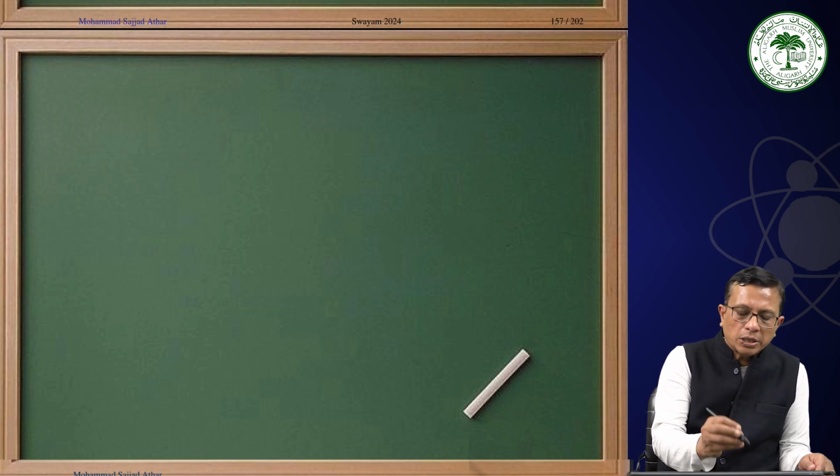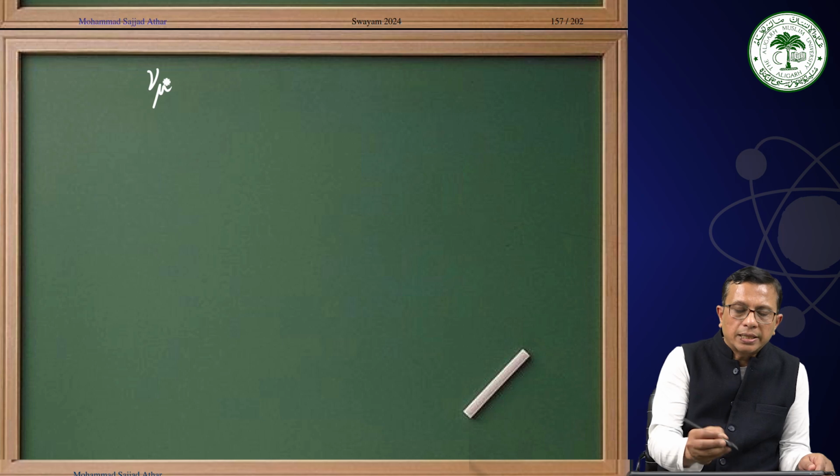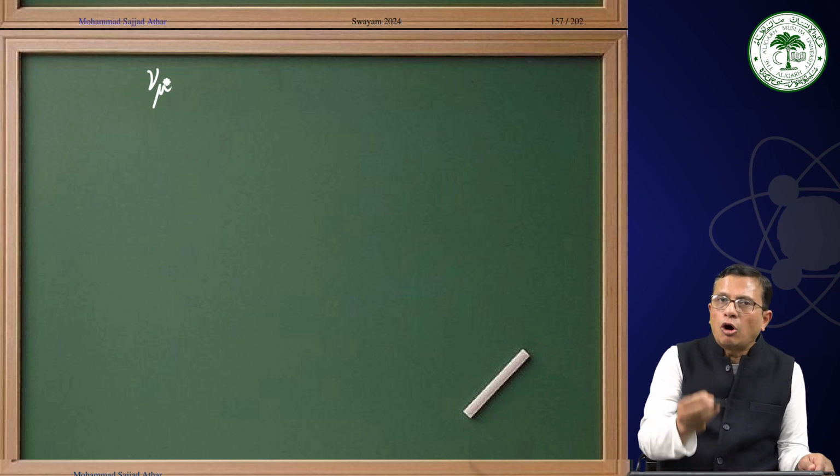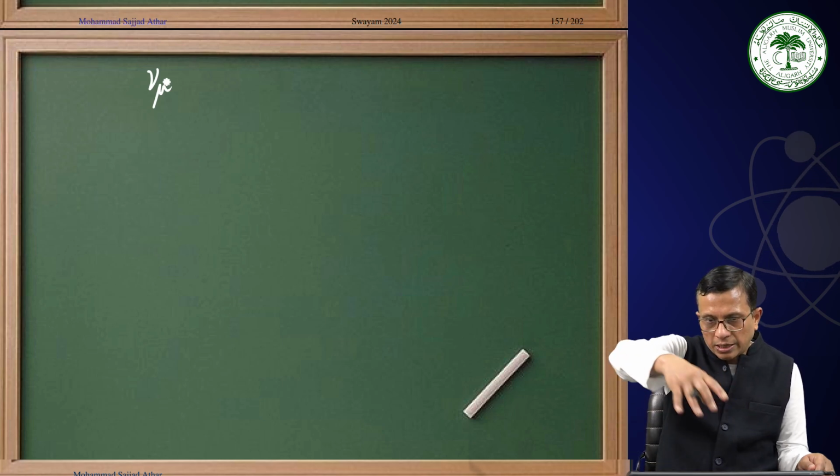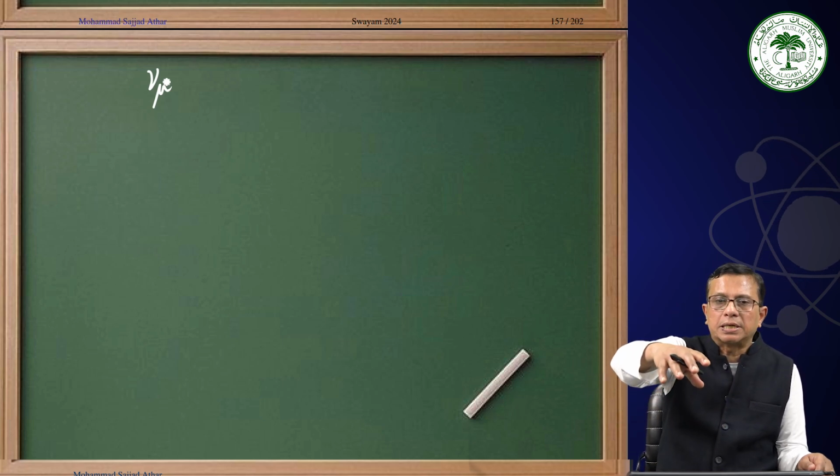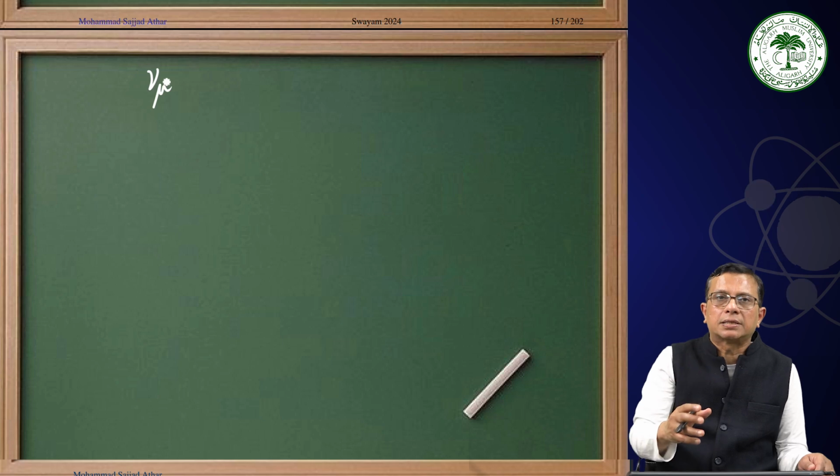For example, what I had told you is that we are starting from a nu mu beam, and then we want to see how many of the nu mu's have transformed to nu e, or you can say, as nu mu propagates in space, how many nu mu's remain as nu mu's.